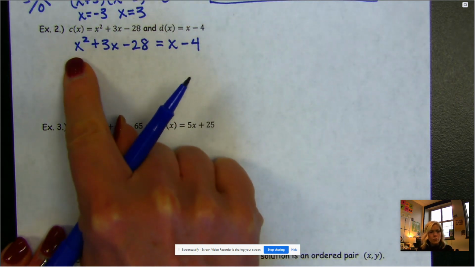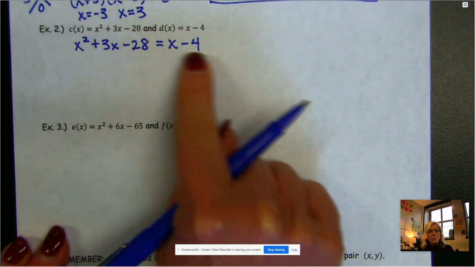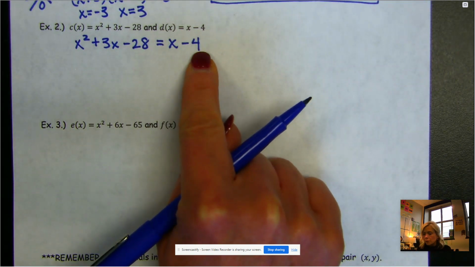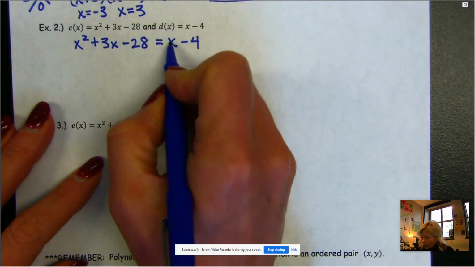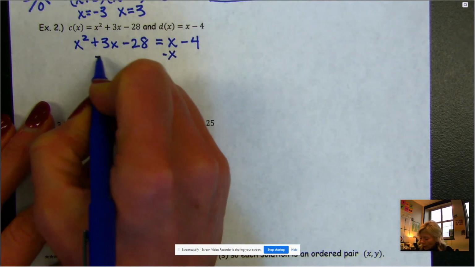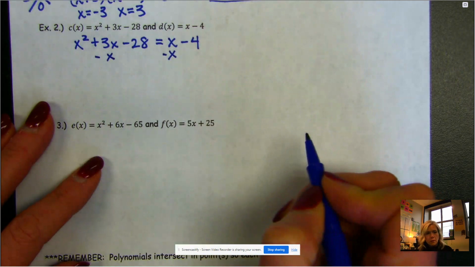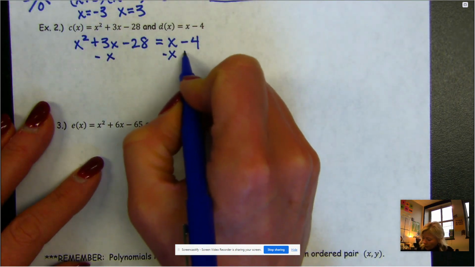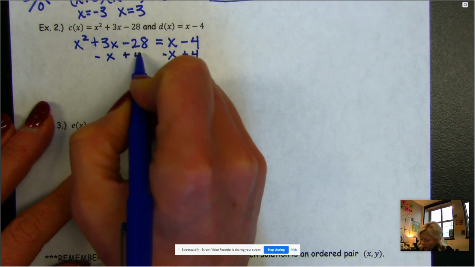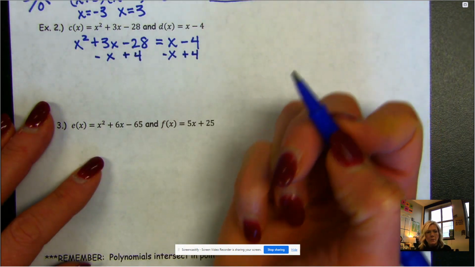Because this is a quadratic, we want to make one side of the equation equal to 0, and then we can factor to solve. So I'm going to subtract the x, and that's going to go right under the 3x, and then add the 4, the constant, and that will go right here. So matching up the like terms.